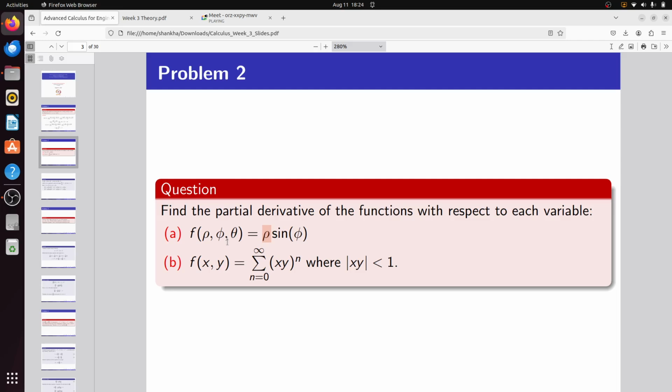Then if you take the derivative with respect to theta, you can see that this function f does not have any explicit dependence on theta. It is rho sin phi, and there is no function of theta, so it is constant with respect to theta. If you take the partial derivative, you will have 0.